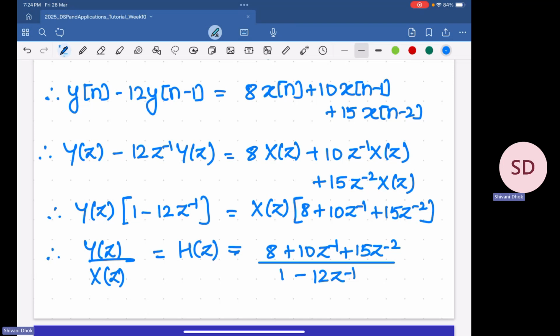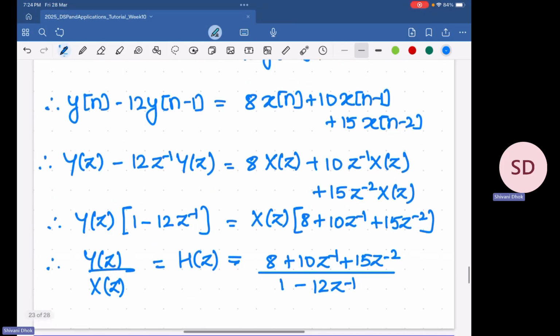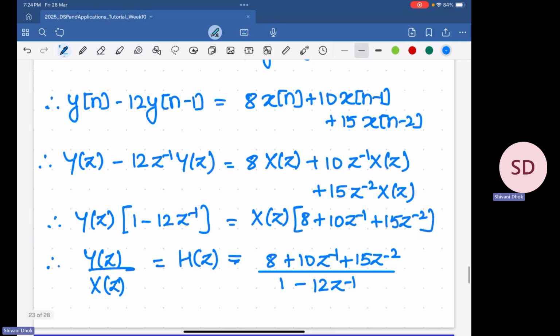So this is the system function for our given signal flow graph. Any questions?